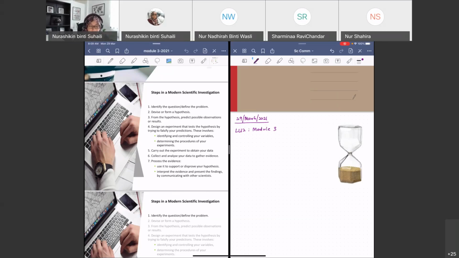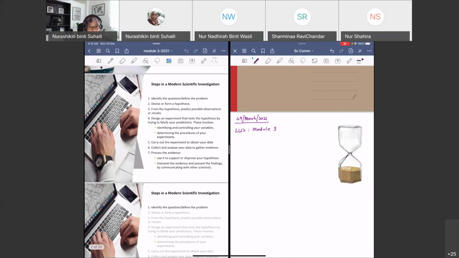These steps are what I have practiced as a scientist, and also what other scientists have practiced around the world. We start with step 1 and end with the final step, which is to communicate the science at the end.